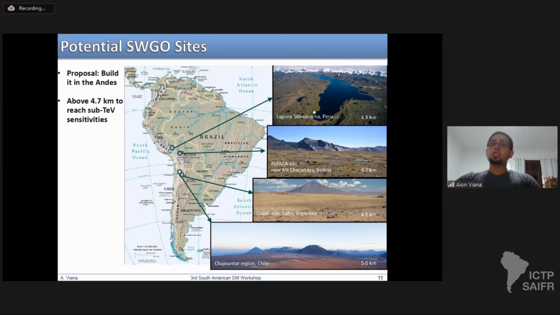We have this very interesting Peruvian high altitude lake, Laguna Sibinacocha in Peru, and there are some actual studies being done to investigate the possibility of building detectors inside the lake, using the lake as our detector. There is this Bolivian site, the Alpaca site. There's a site in South Argentina, and there is a site in Chile, in the Chajnantor region in Chile.